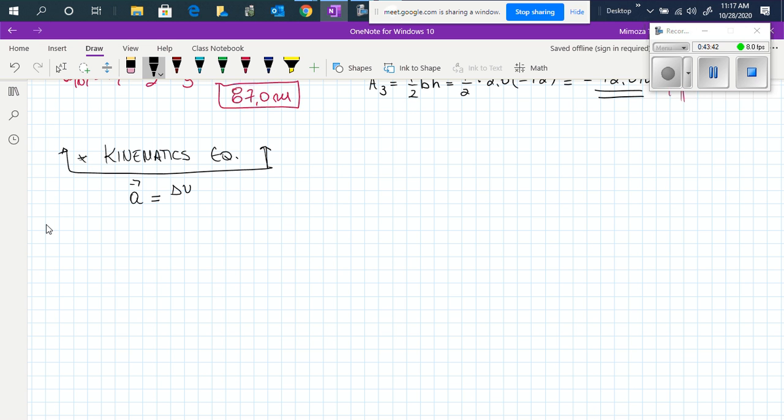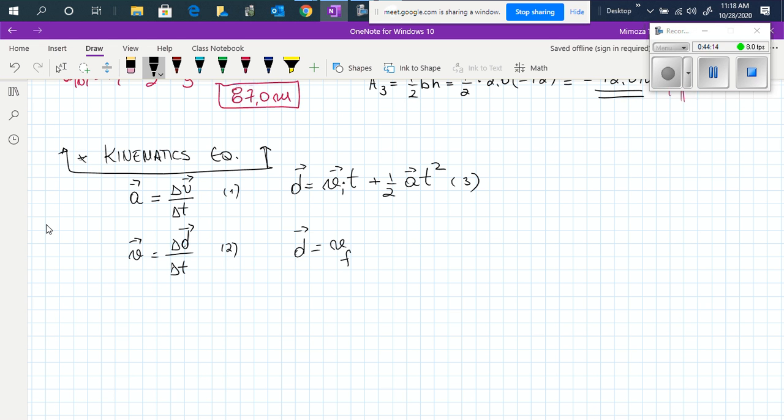So acceleration is delta V over delta T, and then we have V is equal to delta D over delta T. Next one is, so this is 1, let's say 2, and then you have displacement is equal to V initial T plus 1 over 2 A T squared. This is equation 3.